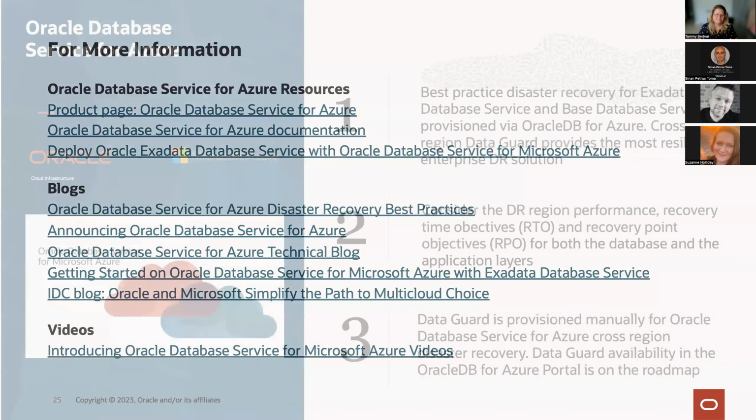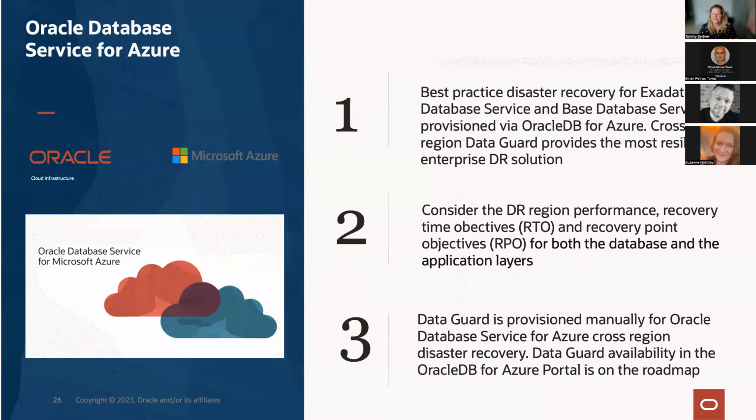And then finally, as a summary slide, our Oracle Database Service for Azure provides best practice. We hope you find this good for providing best practice disaster recovery with our multi-cloud solutions. We want to consider the DR region performance as you set this up for your recovery time objective and recovery point objective for both your database and application layers.